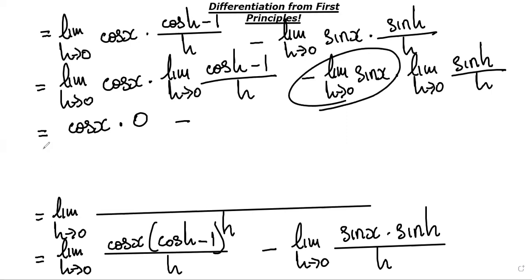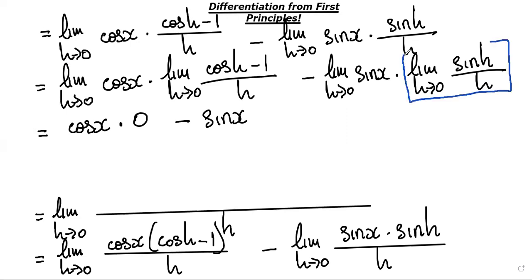Then once again, the limit of a constant is a constant. And this one as well is a special trigonometric limit. It's an identity as well, and every time you see that, you actually see a 1.